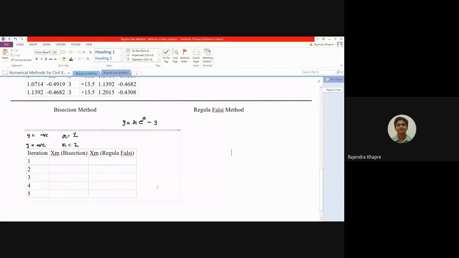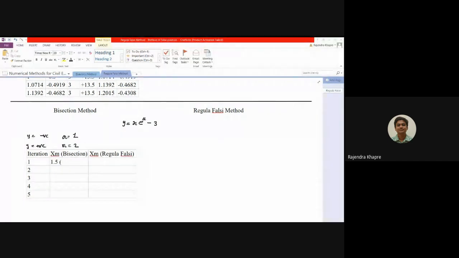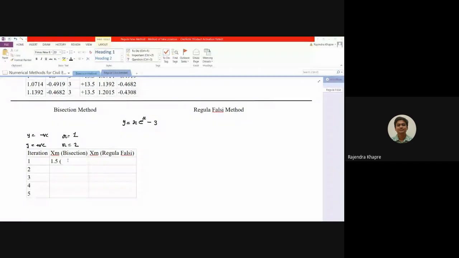बाइसेक्शन में पहला वाला तो I think 1.5 ही आएगा. Okay, and what is its corresponding y value? 3.7225. Okay, good.